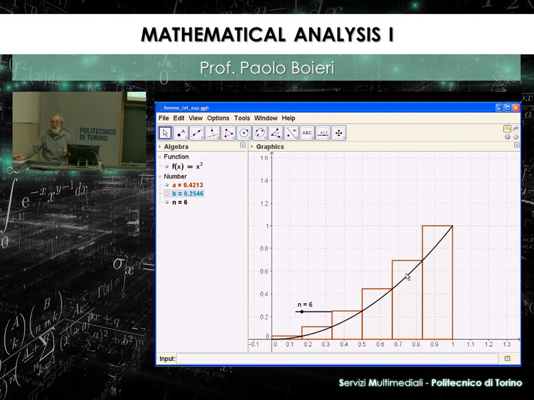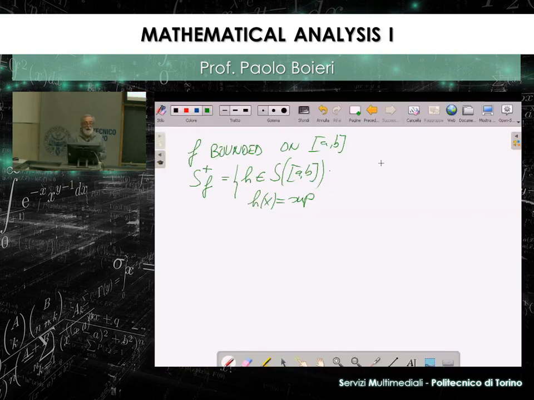That clear? Fine. But this is what? This is a continuous function, because the example is x squared. If you consider a bounded function, it is not necessarily continuous. Okay? And then I cannot take the maximum. I take the supremum, the sup. And then I have to take the sup when x belongs to the subinterval [x_{k-1}, x_k] of the function f of x.